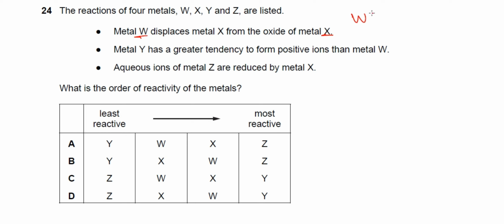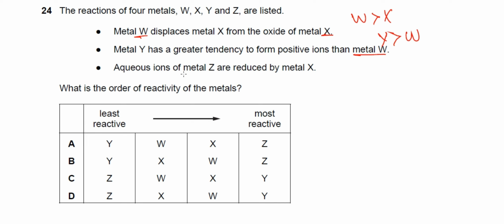W is more reactive than X. Metal Y has greater tendency to form positive ions than metal W. Whenever something has more tendency to form positive ions, it has a greater tendency to lose electrons. So a more reactive metal loses electrons more easily. So we can say that Y is more reactive than W.